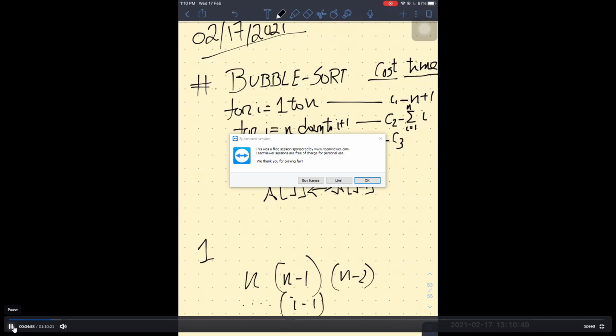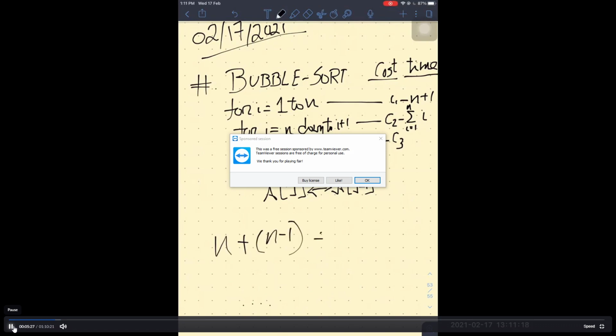As i increases, this will change. In total, for the first iteration, the inner loop will run n times. Then for the second iteration, it will run n minus 1 times, then n minus 2.